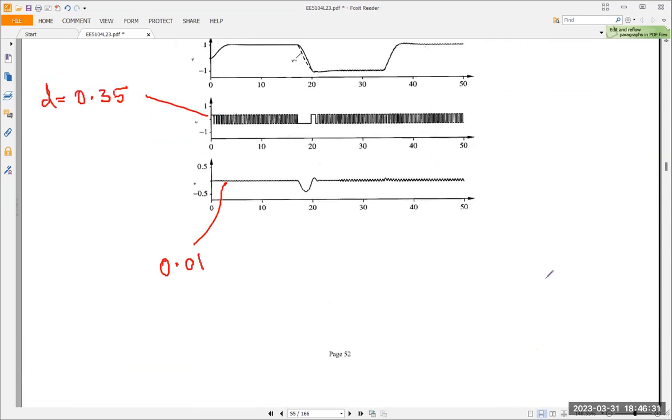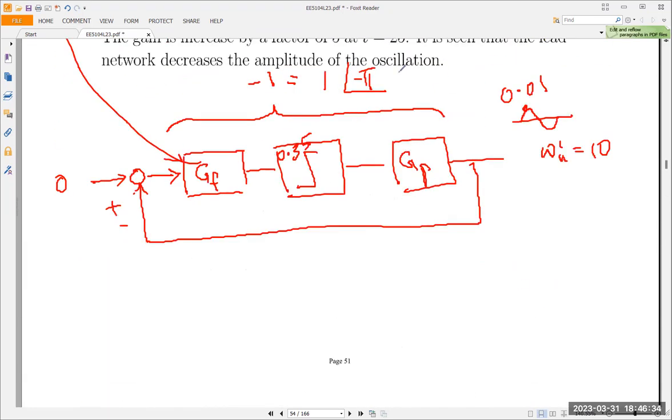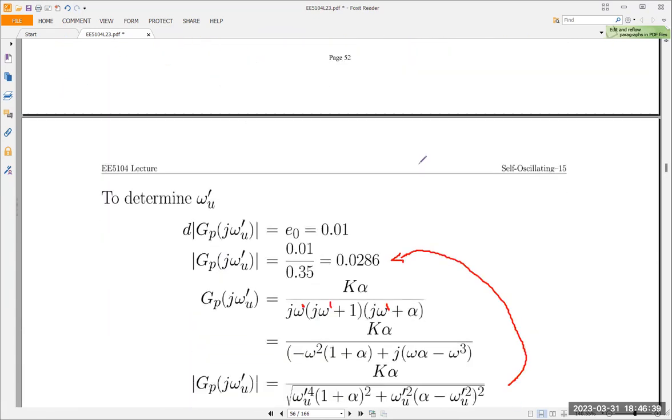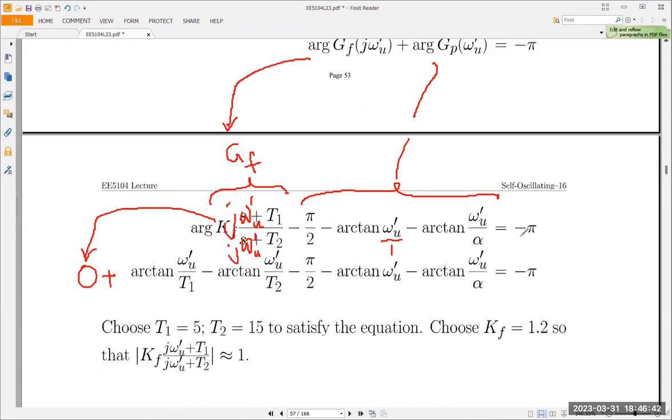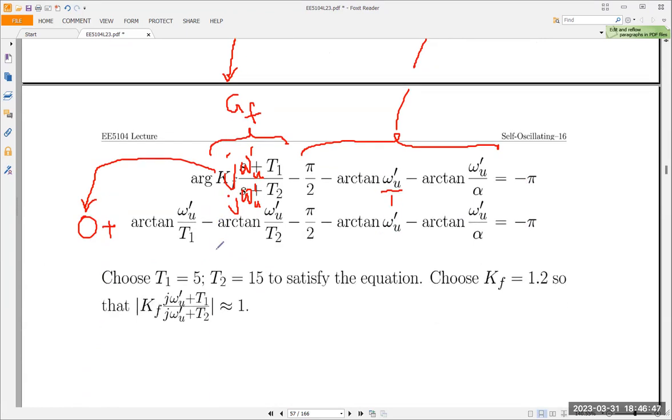I showed you before, this whole thing must be equal to minus pi when you consider the phase of all this. As far as lead compensator design, I can't teach anymore. From here onwards, the designer will have to choose T1 and T2, because you have only one equation and two unknowns, which means there is an infinite number of T1, T2.